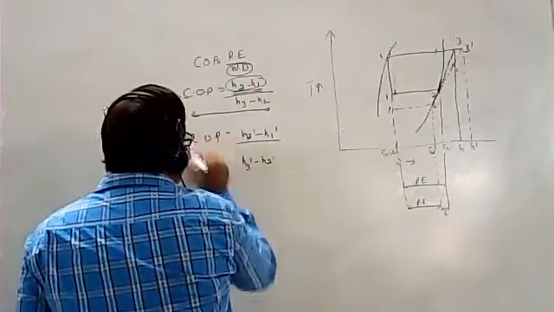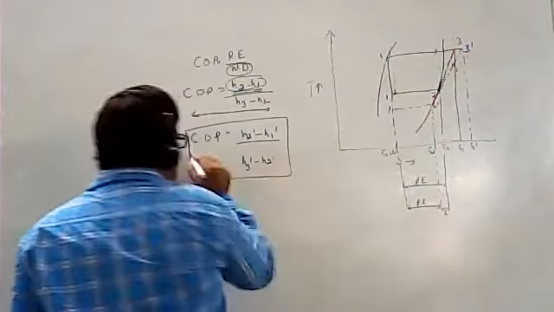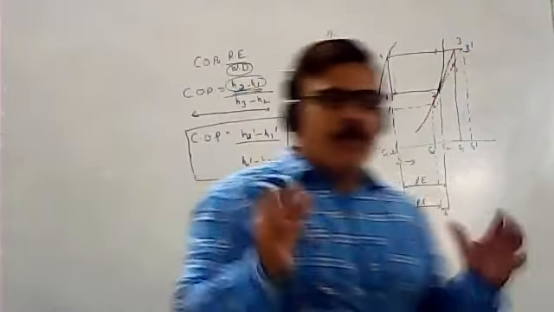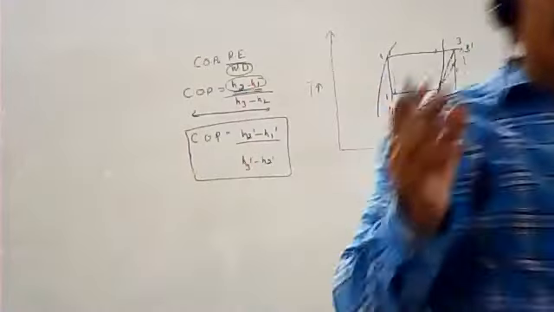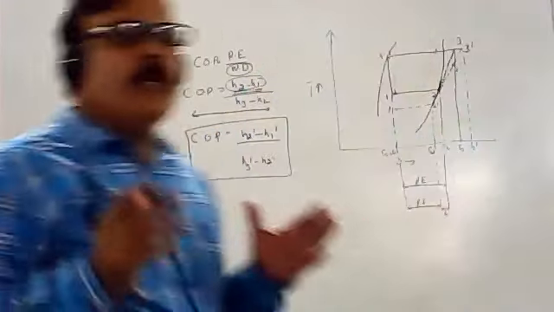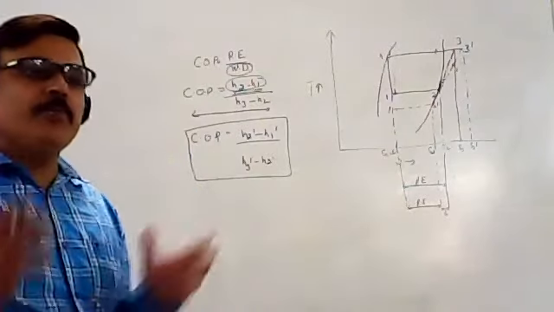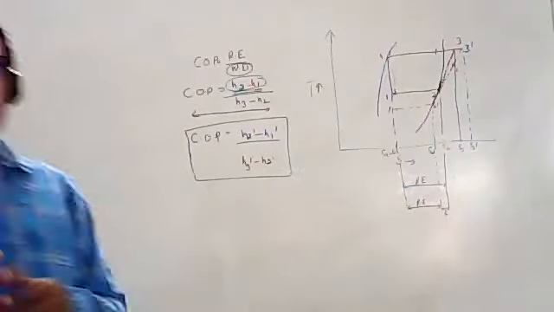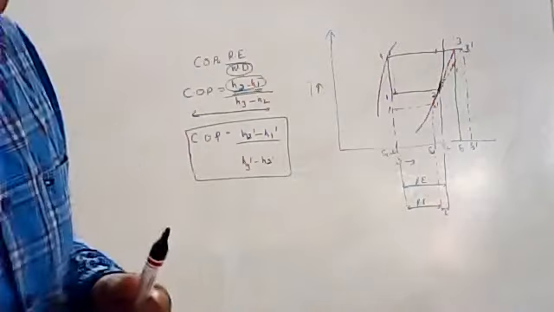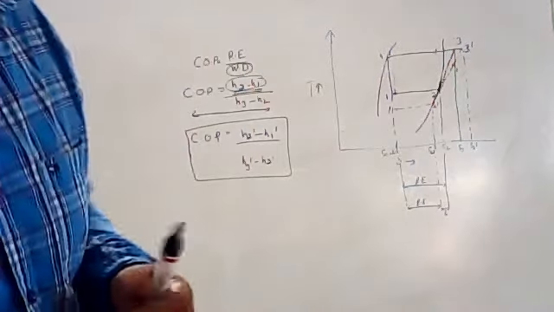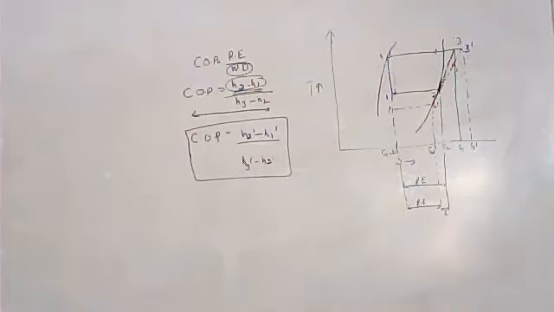So the overall COP of the cycle will get reduced. If your suction pressure gets reduced, then the COP of the system will also get reduced. So everybody note it. Hurry up.